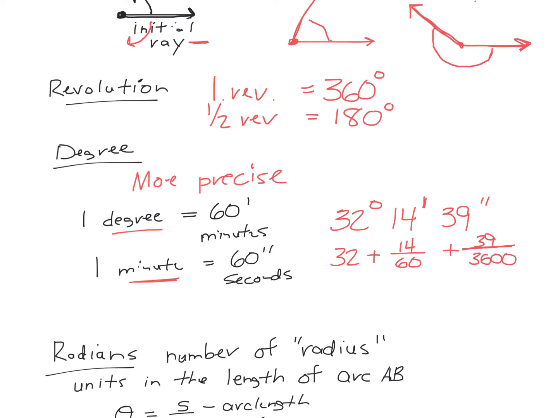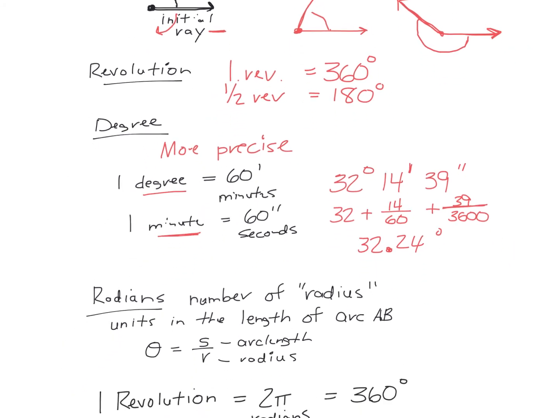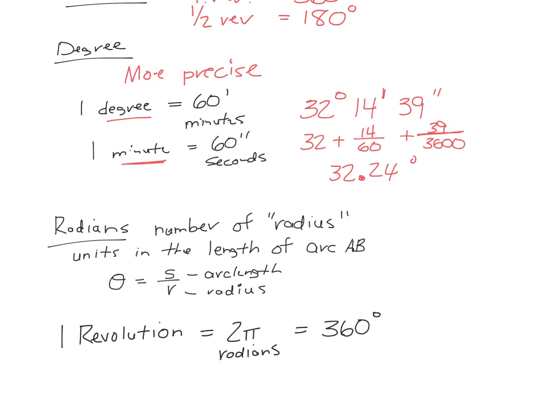If I just put this in my calculator, I took 32 plus 14/60ths plus 39 over 3600, I could change this to a decimal, which would be about 32.24 degrees. So that's if you want to be really precise in a unit of measurement of degrees.